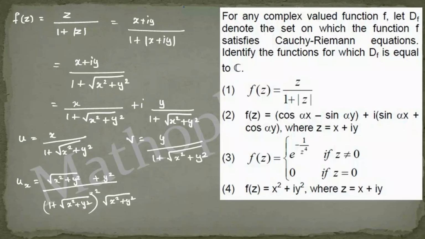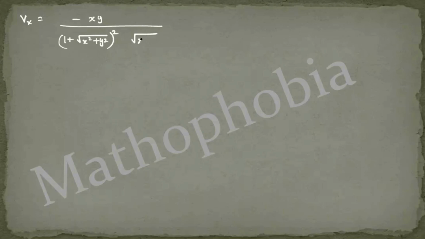And vx solve பண்ணா we'll get minus xy by 1 plus square root of x square plus y square whole square into square root of x square plus y square.